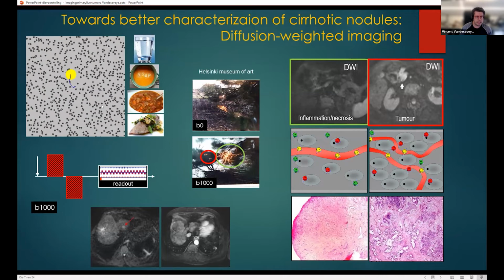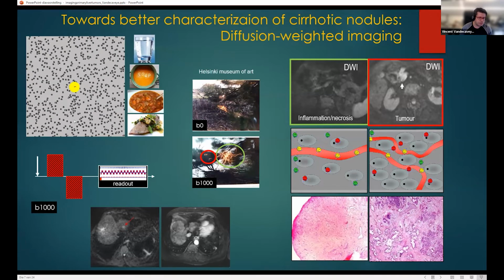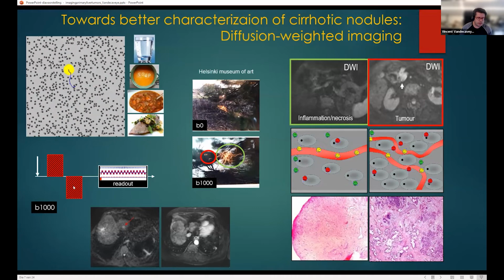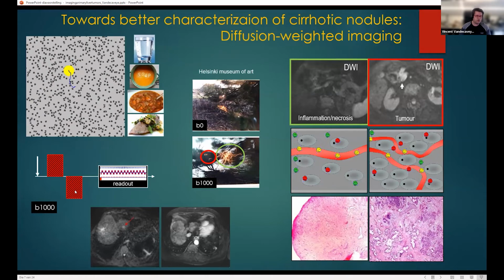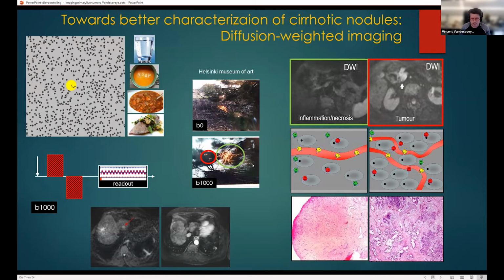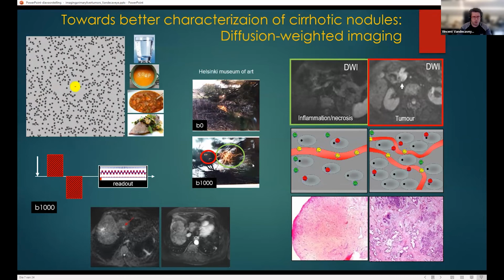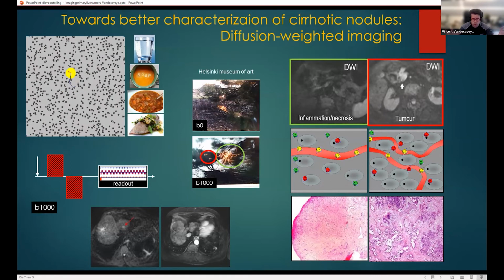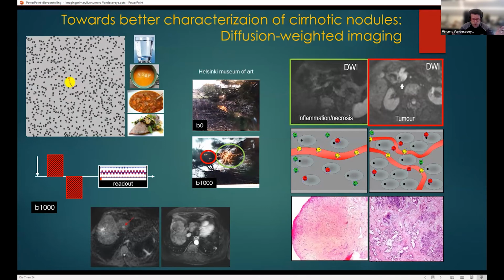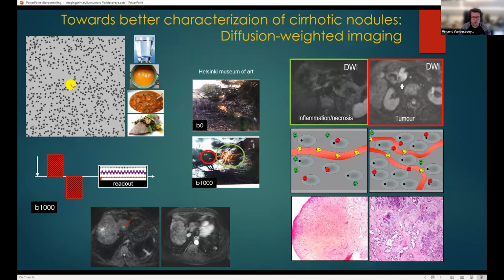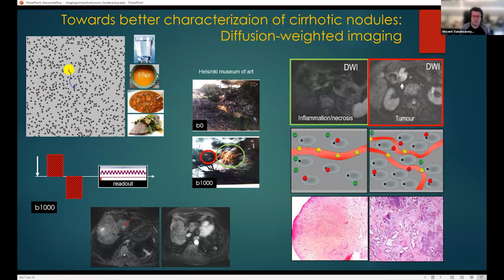The first one takes a snapshot at time 0, and the second one takes a snapshot at time, for instance, 1 second. And in this period of 1 second, all the Brownian movement of water, every water molecule, its proton, will have moved randomly around.